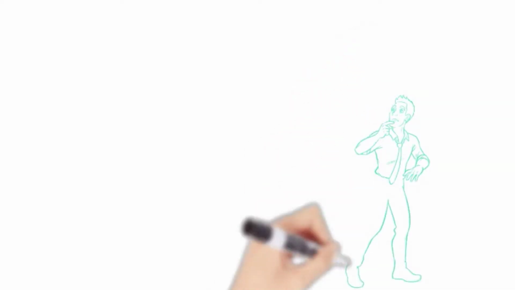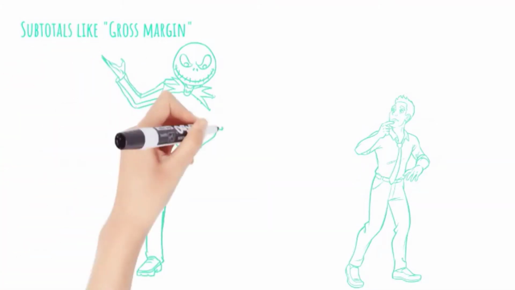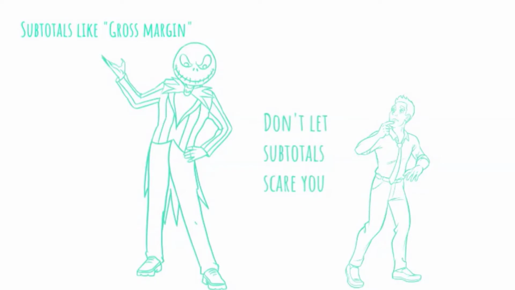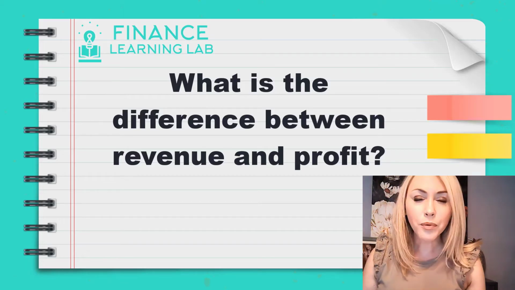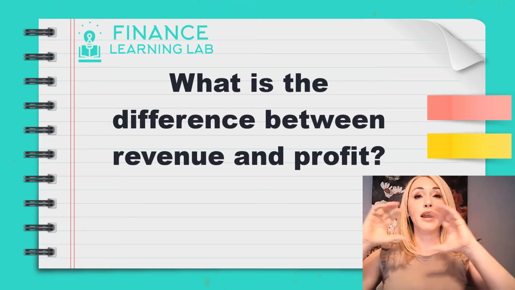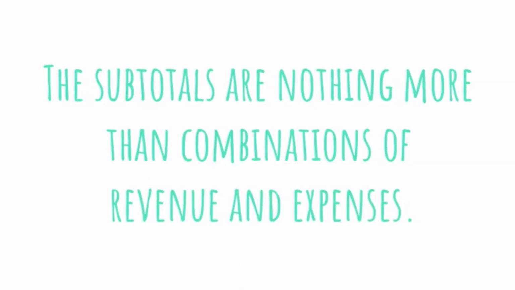So we embed subtotals like gross margin or cost of goods sold, or all of these different terms that we come up with, EBITDA, or we'll kind of say like operating profit. All of those things are nothing more than subtotals. They're nothing more than revenue less expenses equals bottom line.